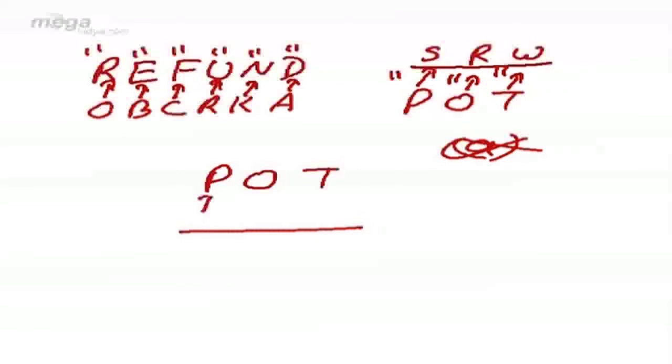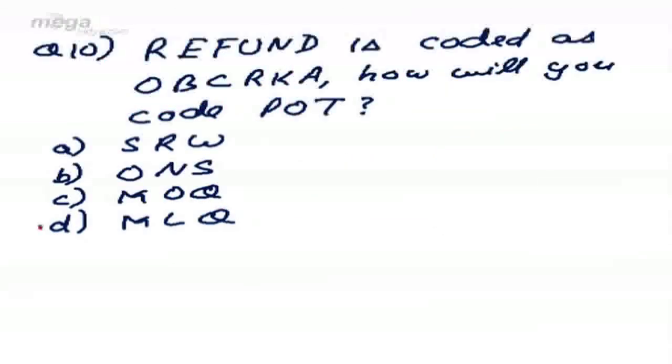The increase should have been from code to word and not word to code. So it is M leaving NOP, L leaving MNO and Q leaving RST. So answer is MLQ, which is given to us in D choice. Therefore, the answer is D.